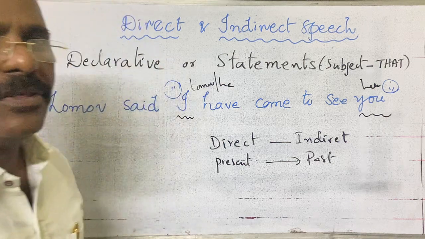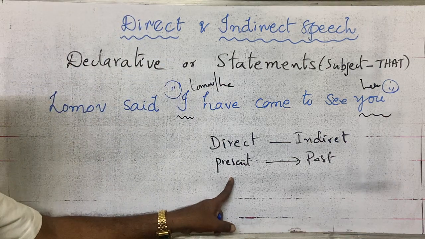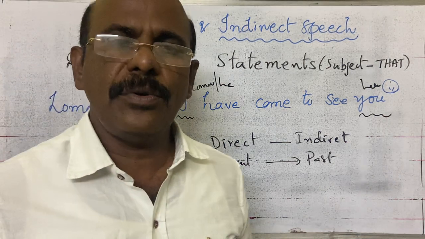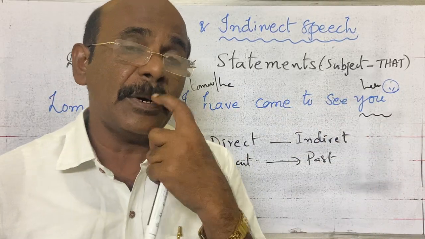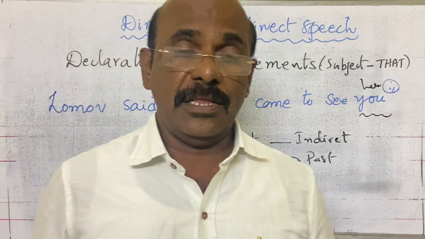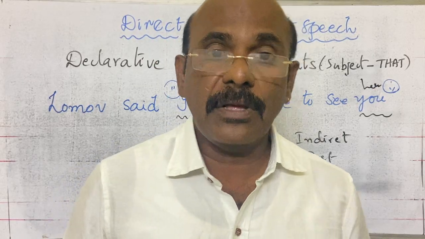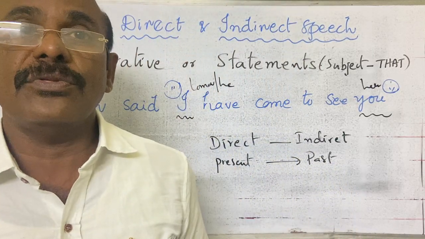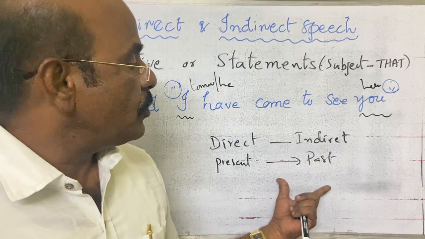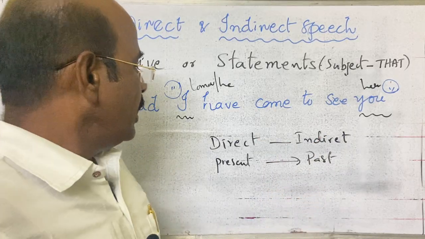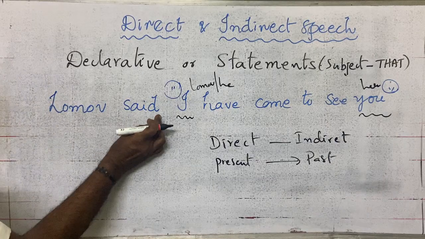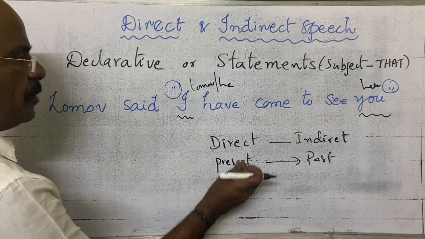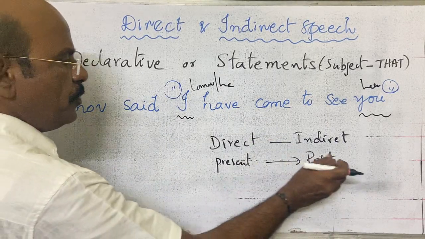But in the case of universal truths, like "The earth is round", it stays the same; you don't write "The earth was round". Similarly, "The sun rises in the east" stays the same; you never write "the sun rose". I can give examples of that also now. But in the remaining cases, if the reporting verb is in the past tense, the present verb is converted into past tense.